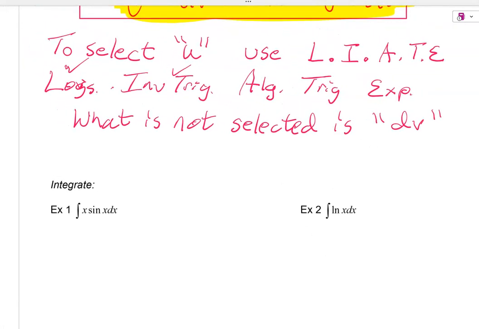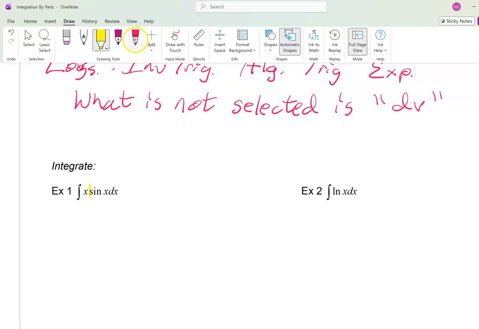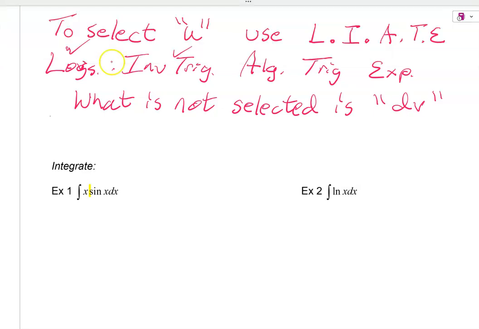So instead, like I said, this generally is used when we're reversing the product rule. Let's look up at the notes here, still on the screen. I'd like to select a u, and I'm going to go through my checklist, LIATE. Do we have logs inside of the integral? No natural log, no log base 10, no. Inverse trig?